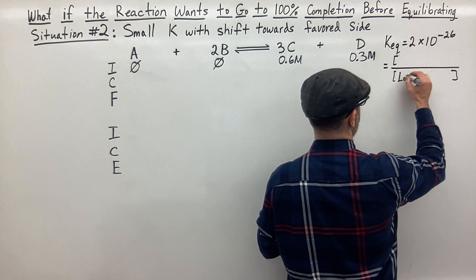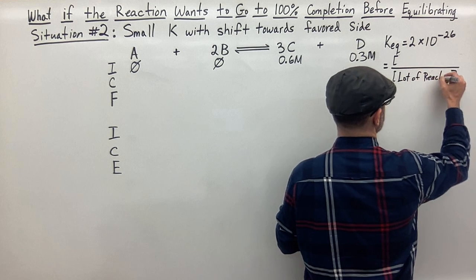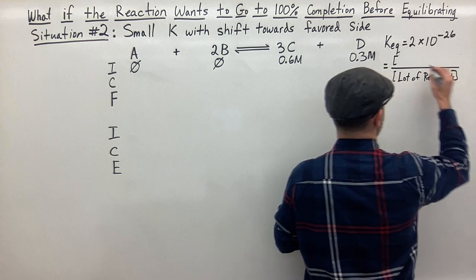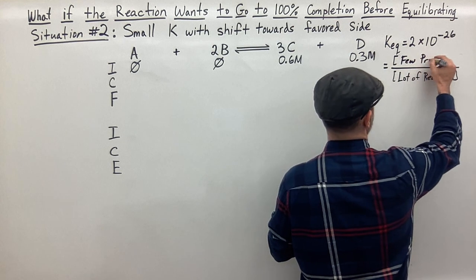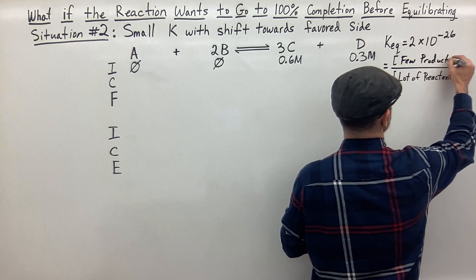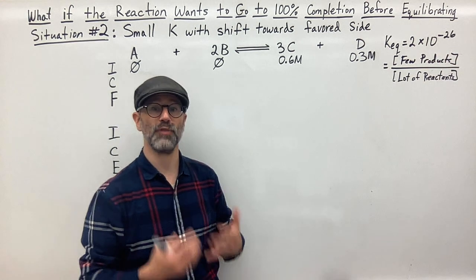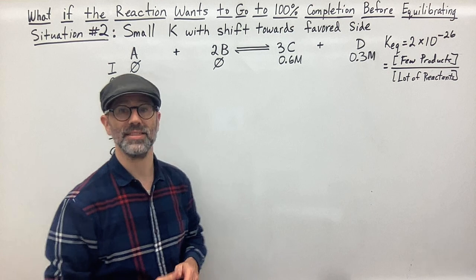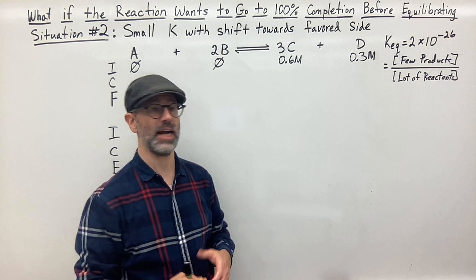So you have a lot of reactants and you have a few products. So this equilibrium is favoring the reactant side. So reactants are very much favored in this reaction.